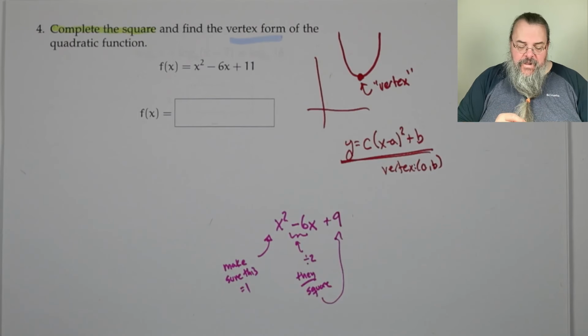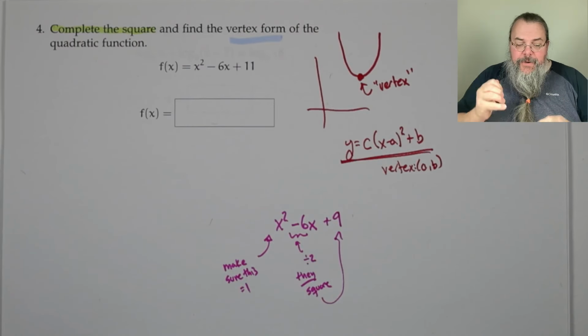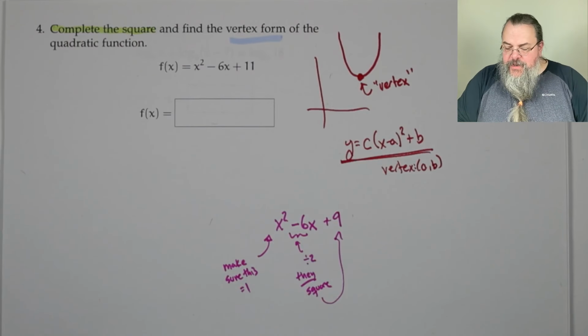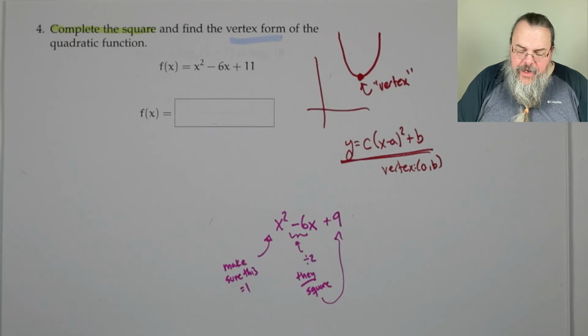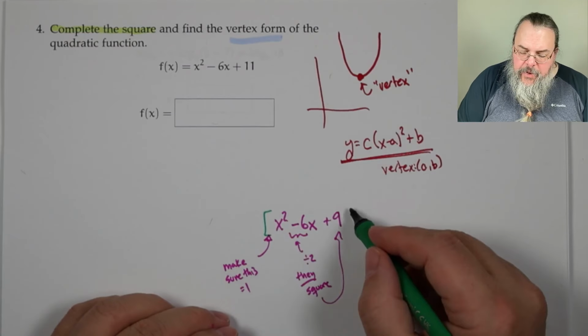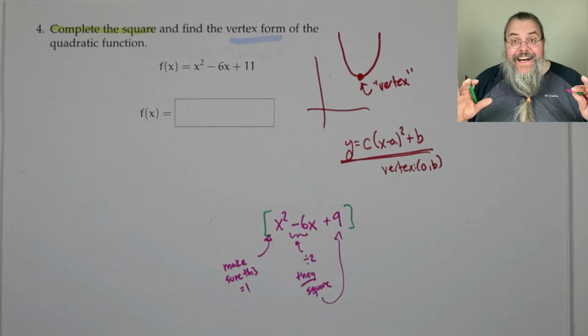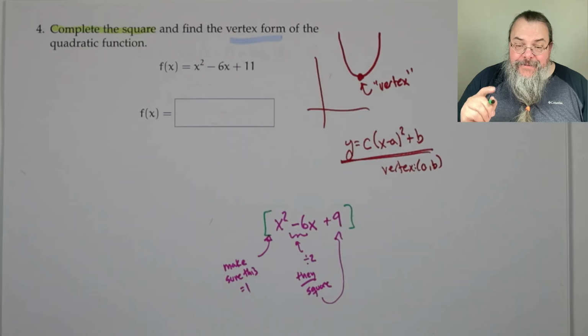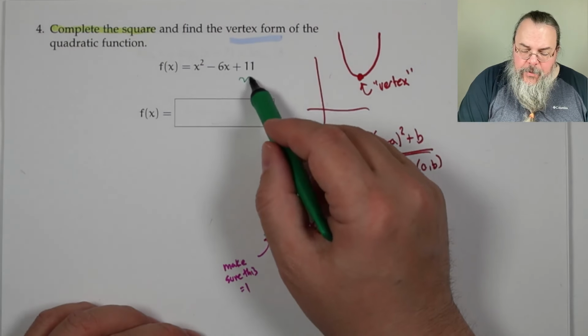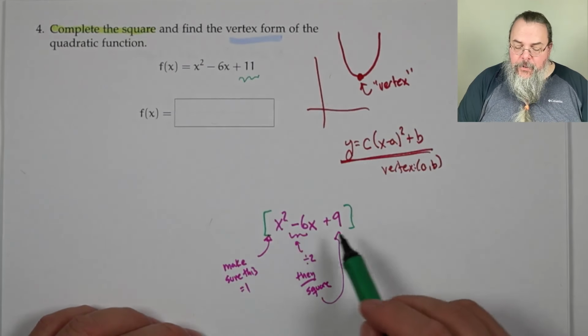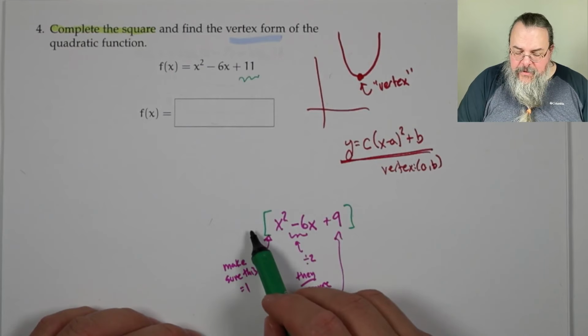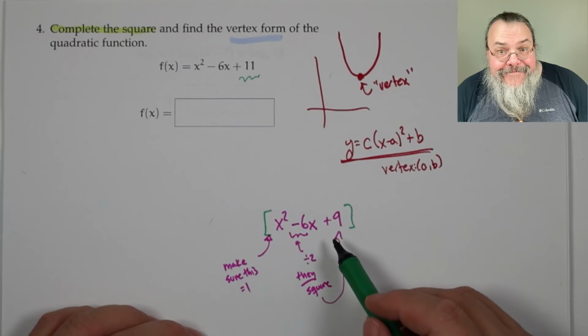Okay? So this is the complete the square part. At this moment, this part right here is nice. But we have to come back and say, wait a second, we had a plus 11.